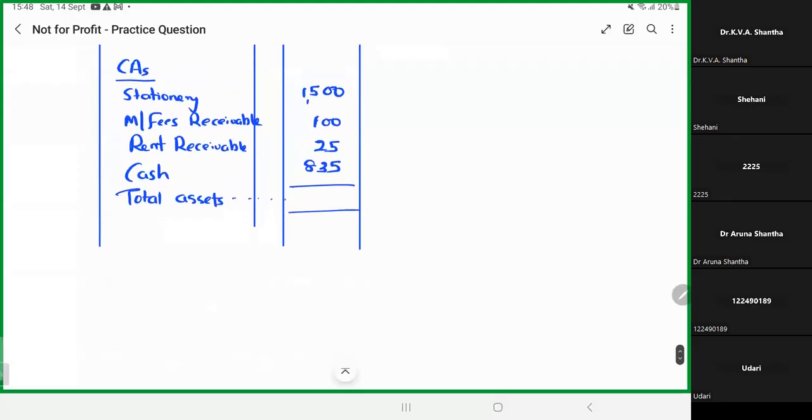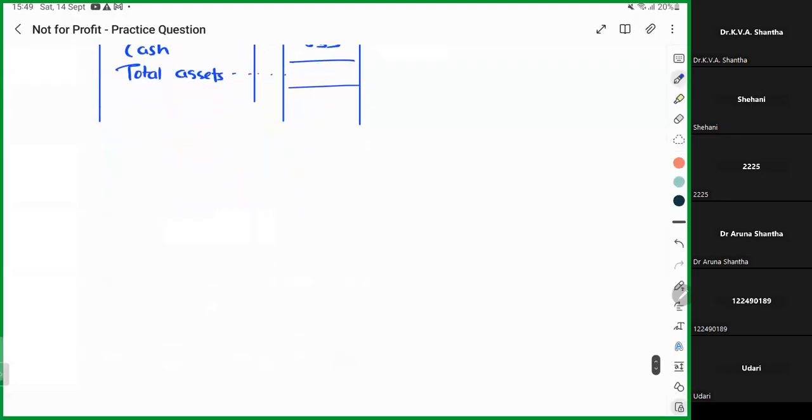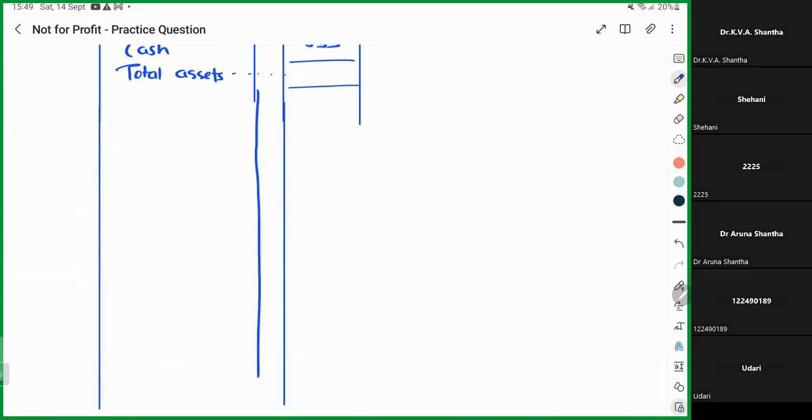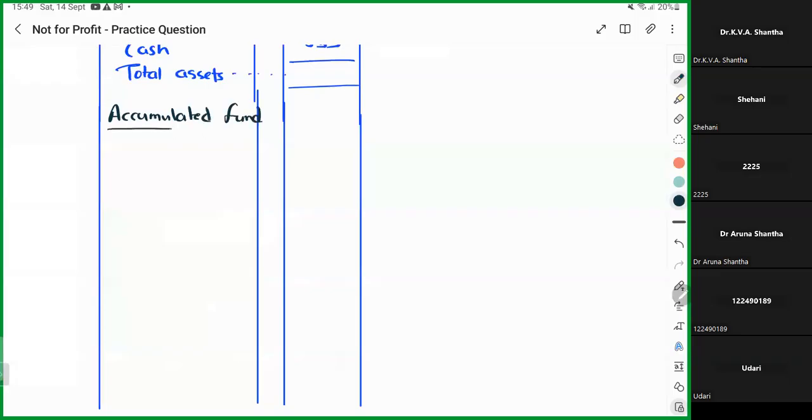Then equity and liabilities. Here we don't use the term equity, so you take the accumulated fund. You have to calculate it at the beginning of the year, 1st January 23.